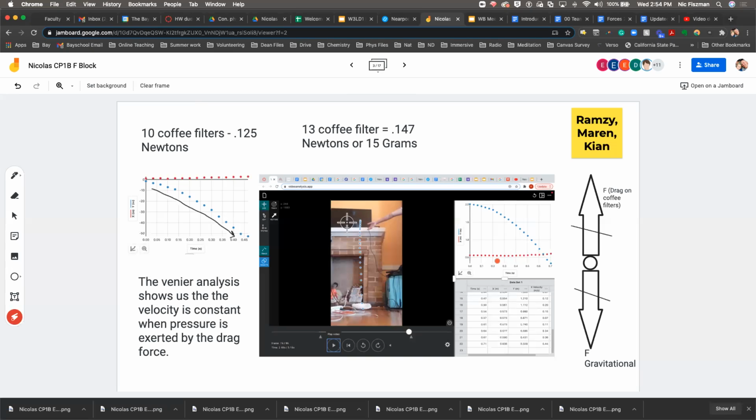Kian, what do you think? I think part of it has to do with the fact that it's dropping in a straight line, right? I know a lot of groups it wasn't a perfect straight line, but our coffee filter dropped in a straight line. And how do you know it's a straight line? Displacement is in a straight line.